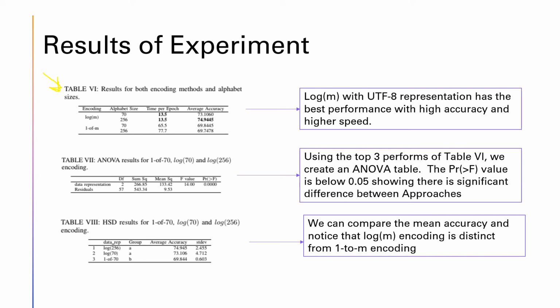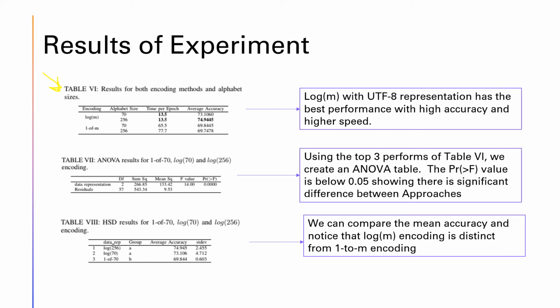We can see here that the log of M method allows the network to be trained approximately 4.85 times faster than the 1 of M approach with an alphabet of 70. The decrease in training time is obviously due to having a much smaller input into the neural network. Additionally, 1/16 as much memory is needed to hold the data set.